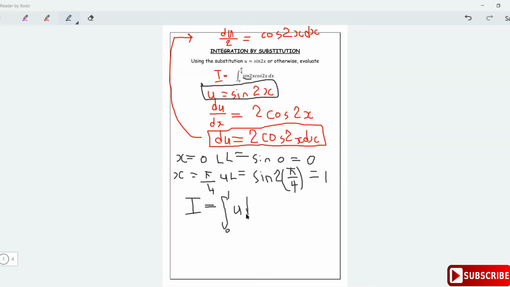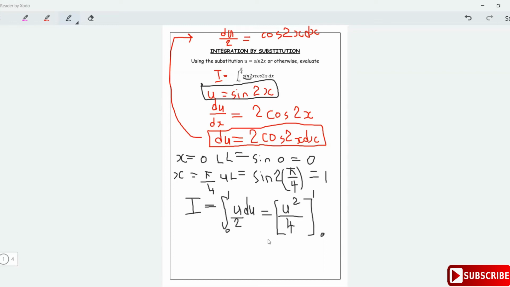So now we end up integrating u over 2. Integrating u over 2, we know how to integrate regularly. We add 1 to the power, then we divide by the power of 2. 2 times 2 is 4. And we're going from 0 to 1.